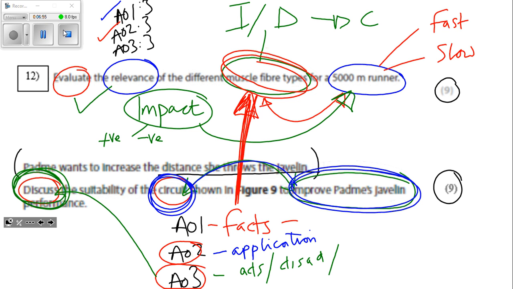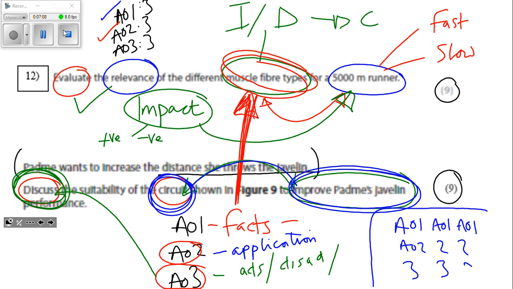Finally, don't forget, with any extended question, how are you going to lay your answer out? This was something we discussed a little while ago. AO1, AO2, AO3. I'm just going to put 2, 2, 2 and 3, 3, 3. Are you a left to right person? Are you going to get all of your AO1s together first, all of your AO2s and all of your AO3s?